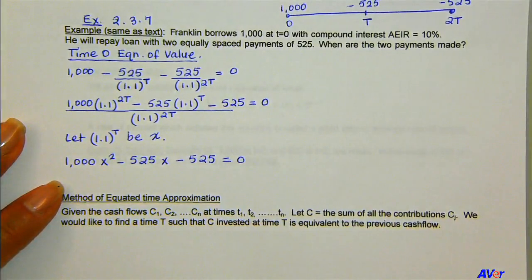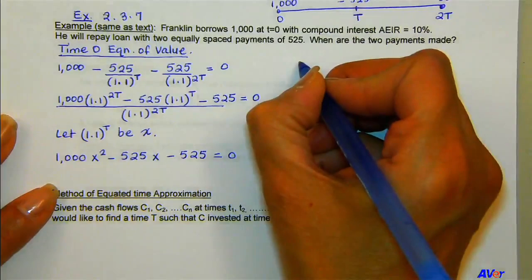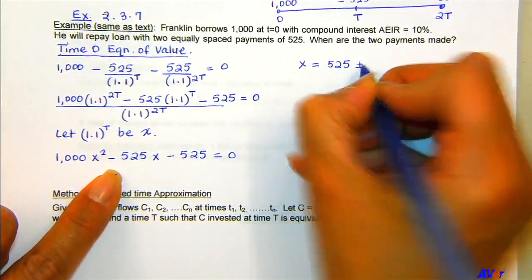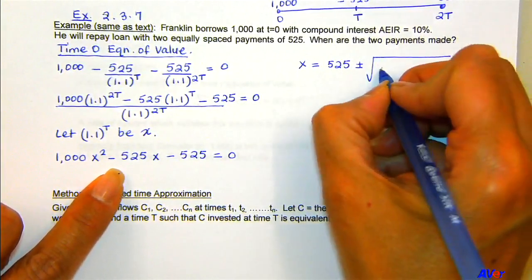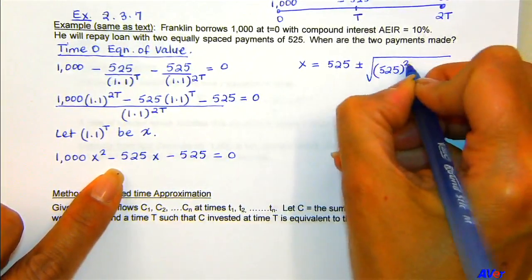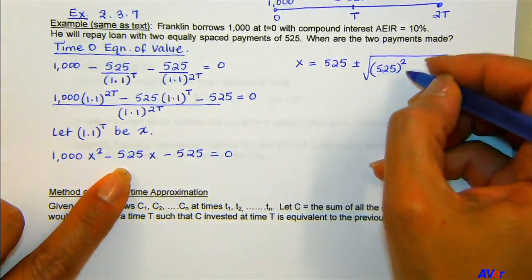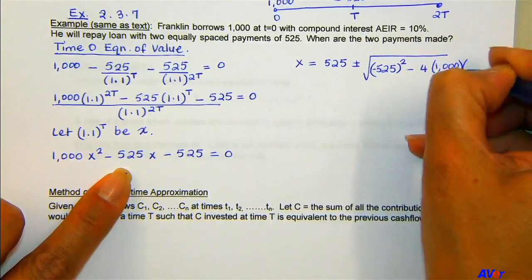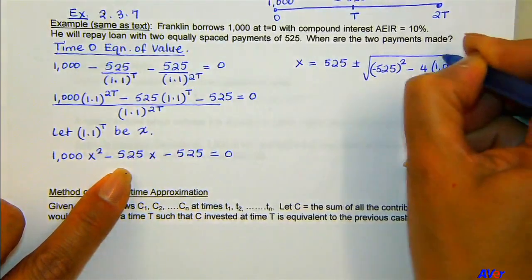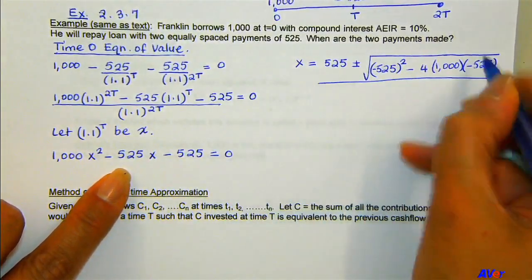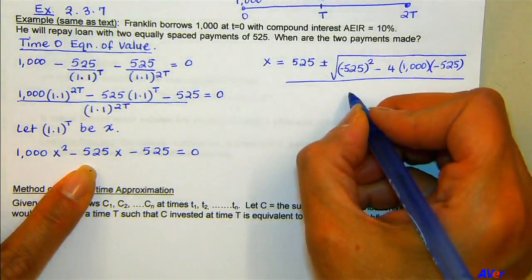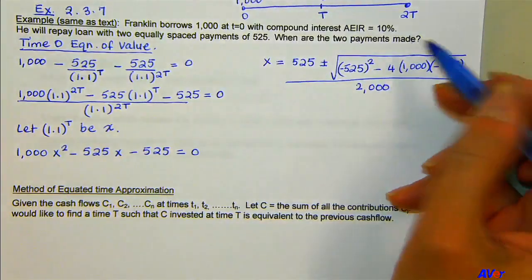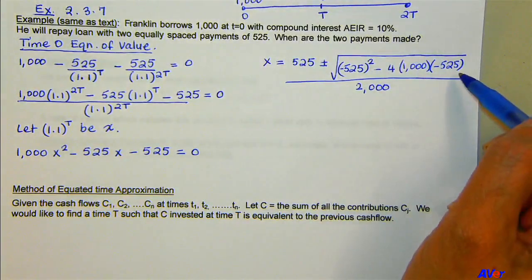So quadratic formula, x equals minus b plus or minus square root of b squared minus 4ac, all over 2a. It's negative, but I don't care because the negative will be gone. Okay, we're good.